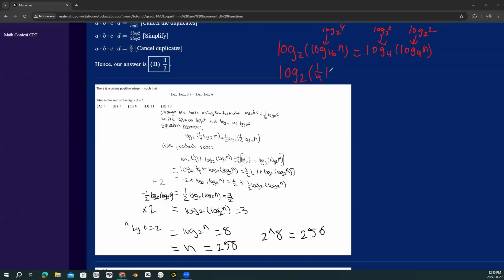So that's 1 over 4 log 2 of n, which equals 1/2 of log 2, because this here is also getting converted, and we get another 1 over 2 log 2n.